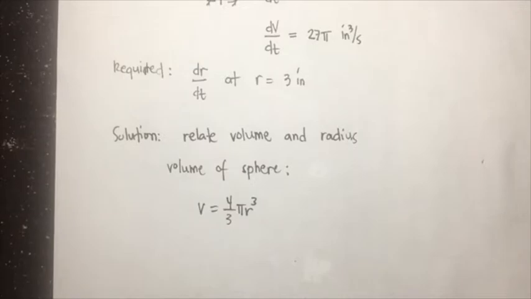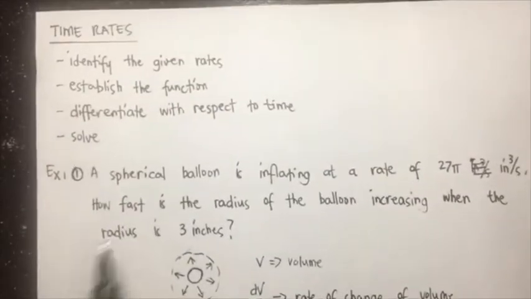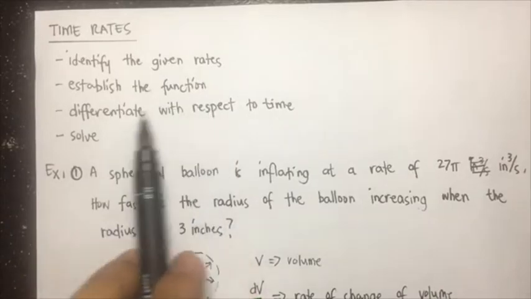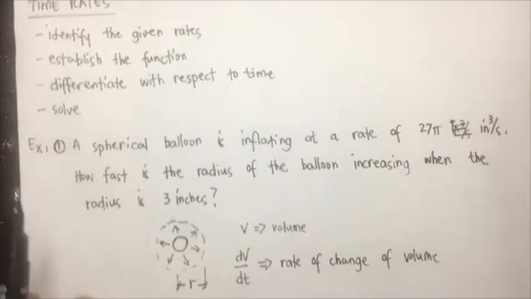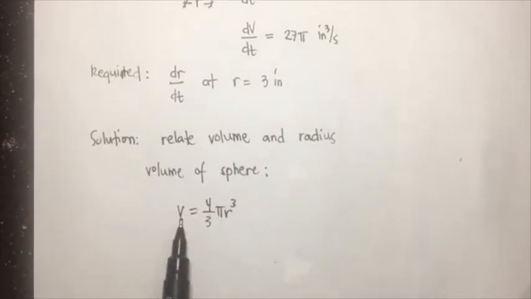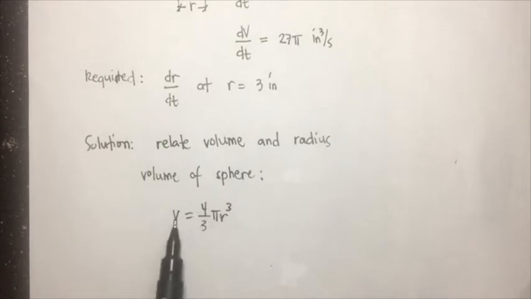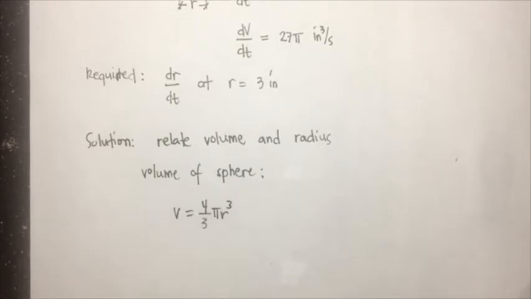Next, now that we have our function, we will differentiate it with respect to time. The variables here are the volume and the radius, so we will differentiate V with respect to time, and we will also differentiate r with respect to time.